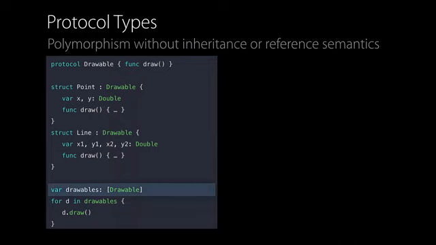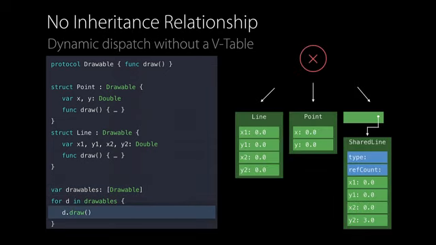Our program was still polymorphic. We could store both values of type point and of type line in our array of drawable protocol type. However, compared to before, one thing was different. Note that our value types struct line and struct point don't share a common inheritance relationship necessary to do vtable dispatch, the mechanism that Kyle just showed us.